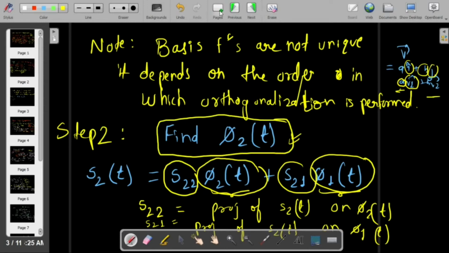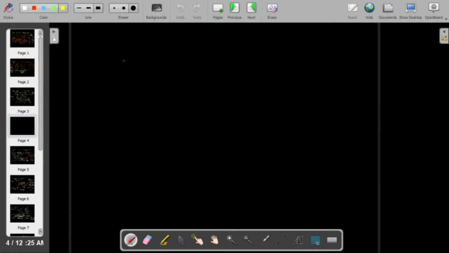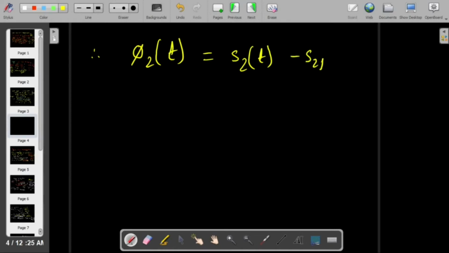So how will we proceed? Let's start our journey. From the above equation, if someone says make phi 2(t) the subject, then we can write it directly like this, over S22. But using this equation you can never find phi 2(t).